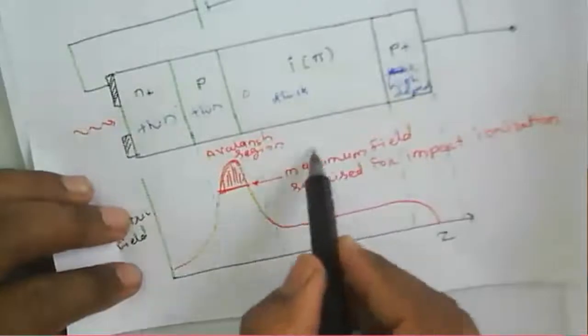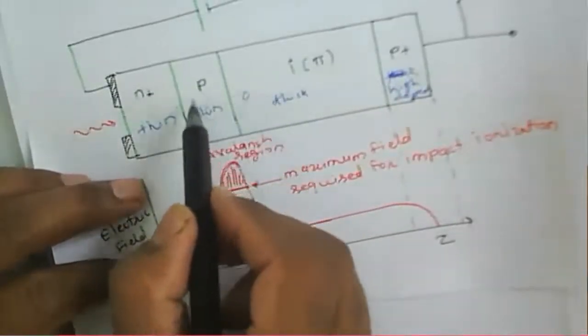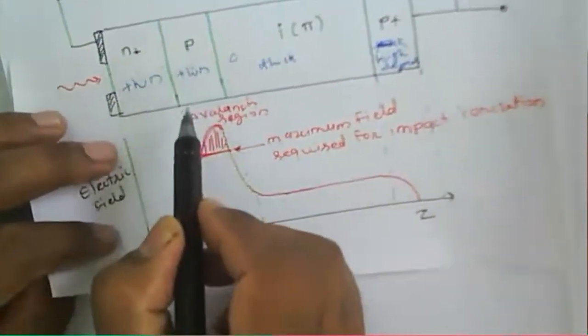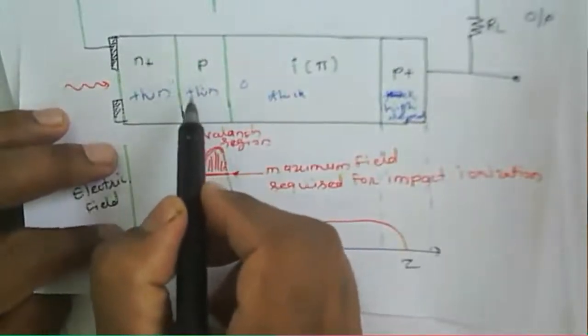Here the photon generation takes place, then electrons will cross to this particular region. Here the multiplication takes place, so that is called the multiplication region.